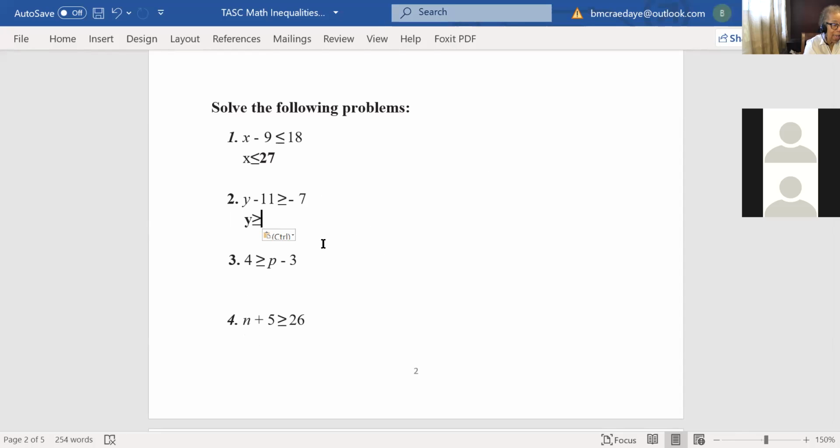No, you add 11, because it's connected with the Y, with the minus 11. So add 11. So what do you get on the right side? You add 11 to both sides. What's a plus 11 and a minus 7? A plus 11 and a minus 7 gives you what? 5. Positive 5. 7 from 11?